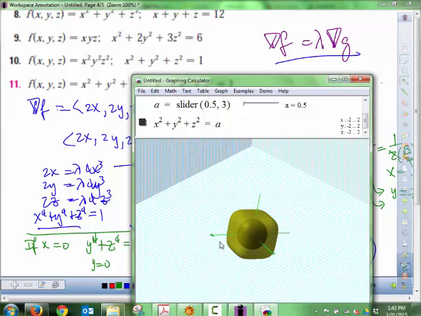So your constraint is the yellow thing. And if I move this, at some point, it's going to touch at those points over there. And those are your minimums. And if I keep going out, wow, I feel like I should have more maximum values.